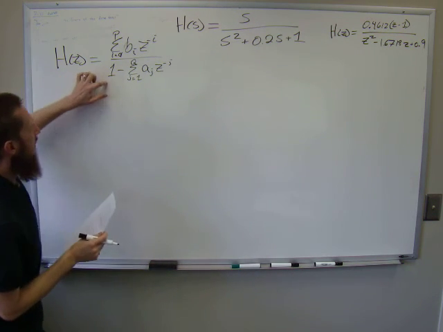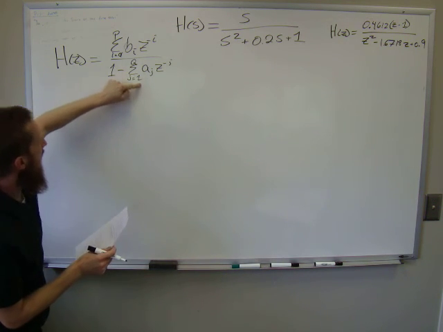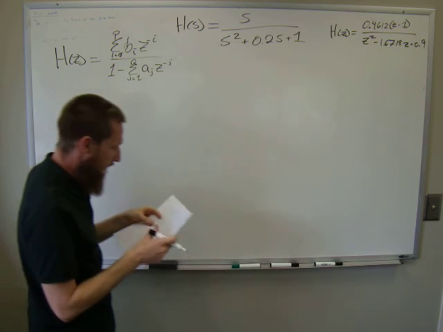So now we need to turn it into this form, where again, notice we have the negative sign in the denominator. This is starting at 1, this is starting at 0.